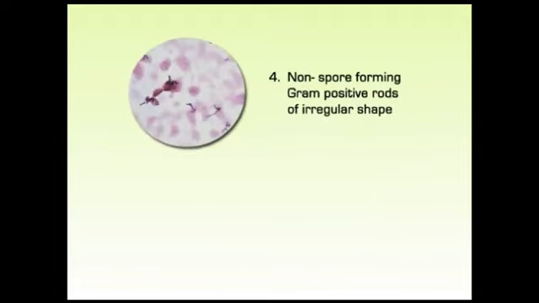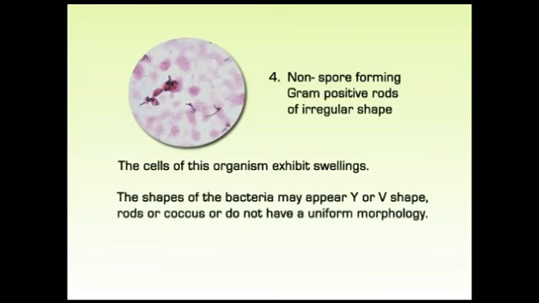The fourth group is non-spore-forming gram-positive rods of irregular shape. The cells of these organisms exhibit swelling. The shapes of the bacteria also appear Y or V shaped, rods or coccus, or they do not have a uniform morphology.